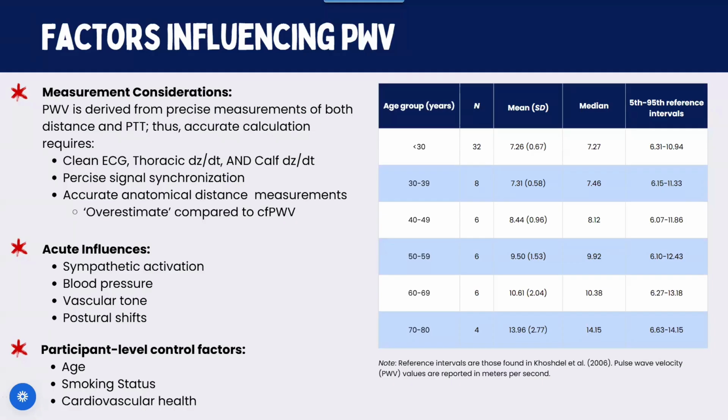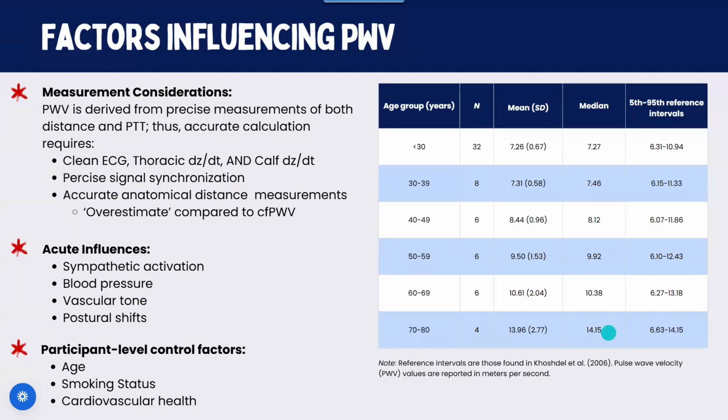The reason for this is that we have longer distances that we are taking this measurement from. We are going all the way down to the calf, and again, using our PEP to speak to these timing differences, whereas the much more medically leaning measures get direct measurements at the carotid-femoral, whereas we're using PTT to leverage this.